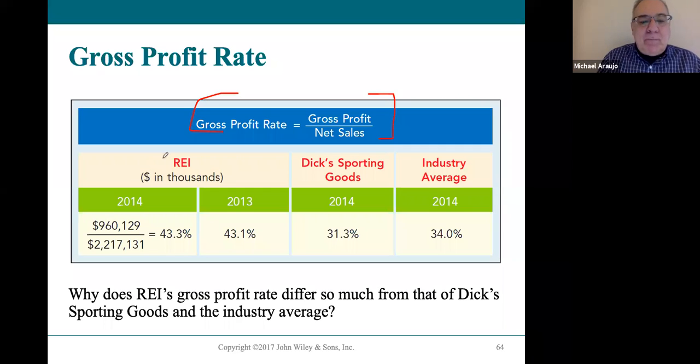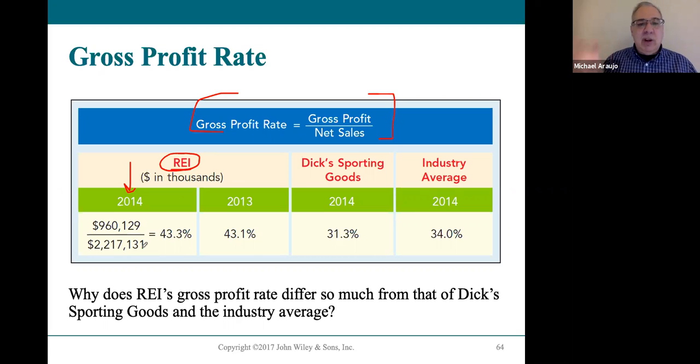That's it. Here we have our beautiful REI company, and we're going to be looking at 2014 data. It has a gross profit of $960,129. We got this from that multi-step income statement. And we divided it over the net sales of $2,217,131, which again, we also got from the multi-step income statement.